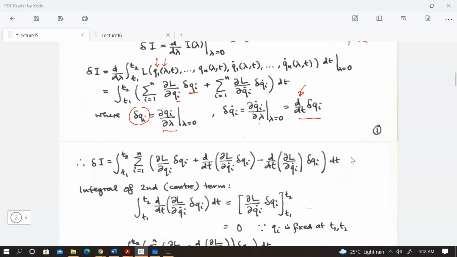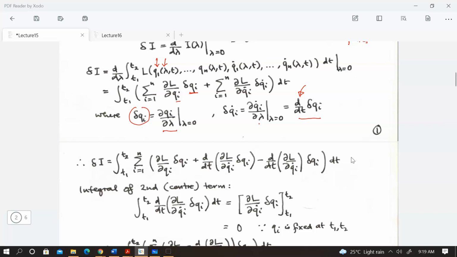integration by parts. The integration by parts that you need is to take the total derivative of these two factors over here. So you get d dt of partial L partial q dot times delta qi, which later on, when we take the time derivative, will give you the delta qi dot. But let's consider this now.